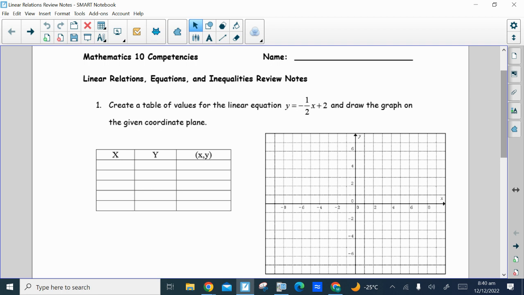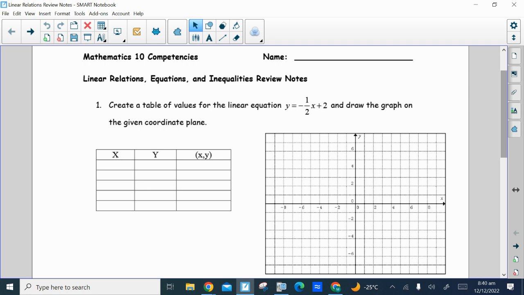And when we look at the equation, what we need to do once we choose x values, we have to multiply them by negative 1/2 and then add 2. But because we're multiplying by negative 1/2, I'm going to start with even values of x because it's just easier to take half of an even number.